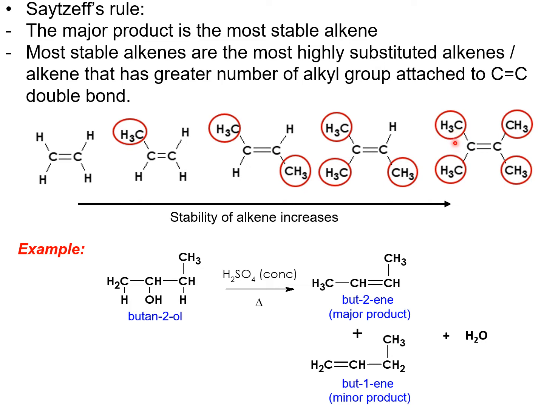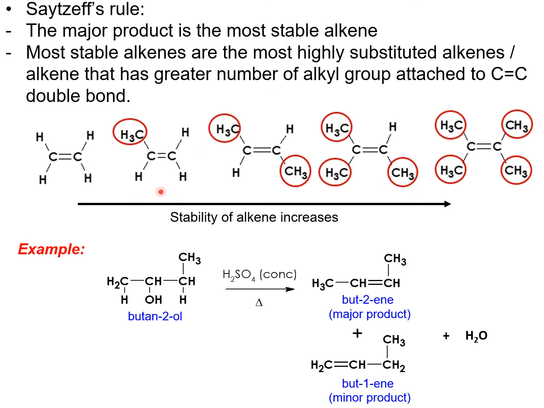Okay, tapi if let's say in future, if let's say you ada dapat form alkene carbon-carbon double bond daripada dehydration of alcohol, if let's say dia ada dua possibilities untuk buat dua jenis alkene, you have to make sure the major product tu must be the one yang carbon-carbon double bond tu ada banyak carbon atoms yang attached pada carbon-carbon double bond tersebut. Kerana itu adalah the most stable alkene.